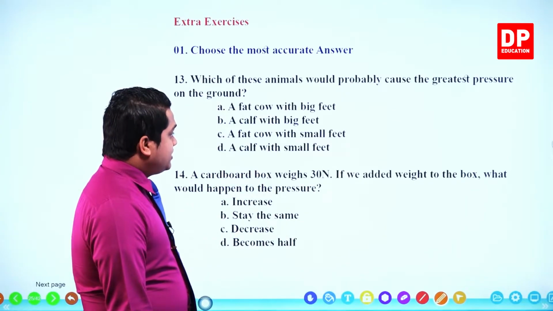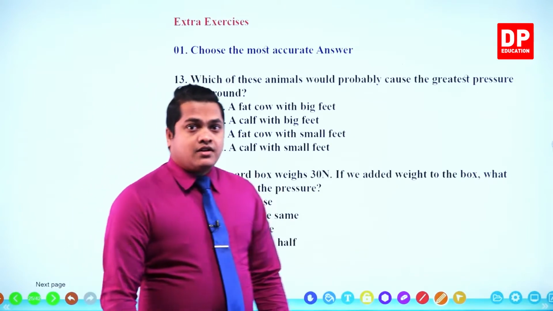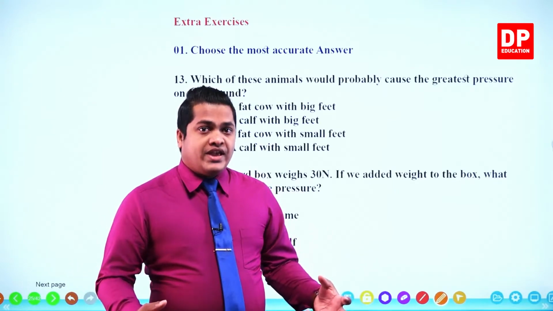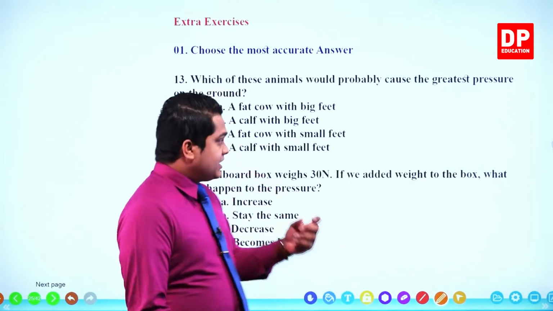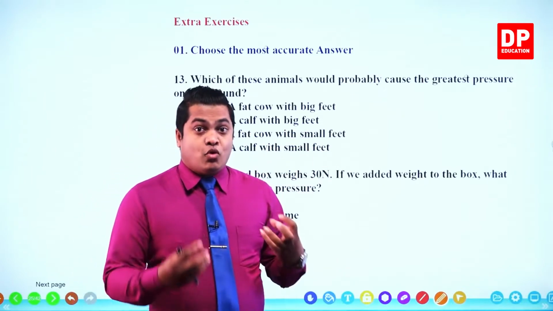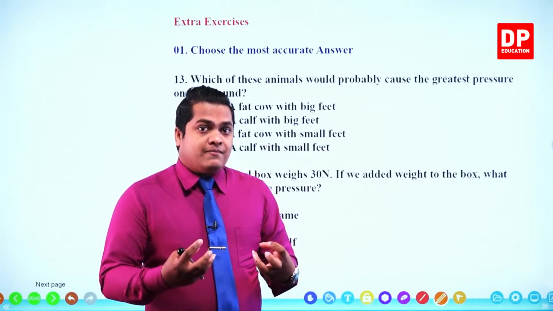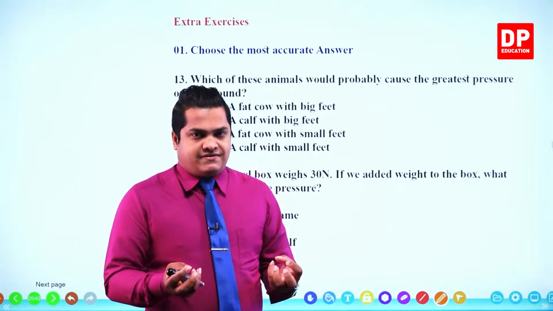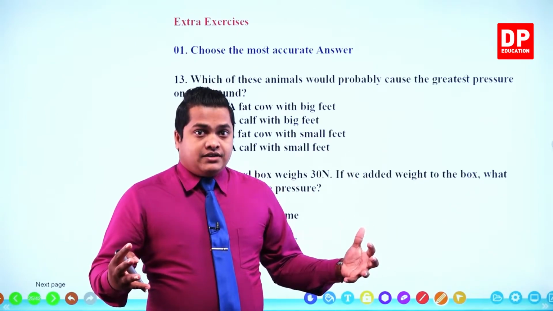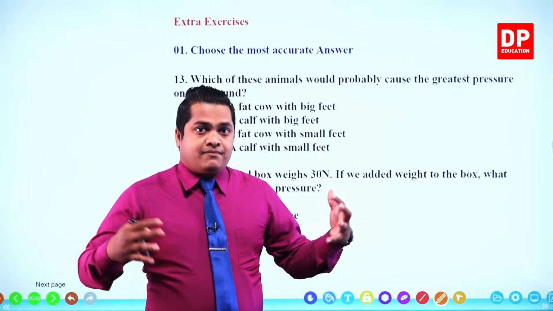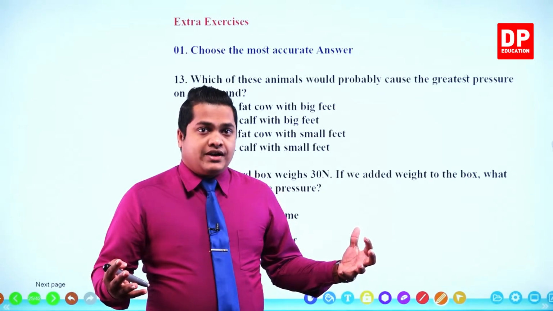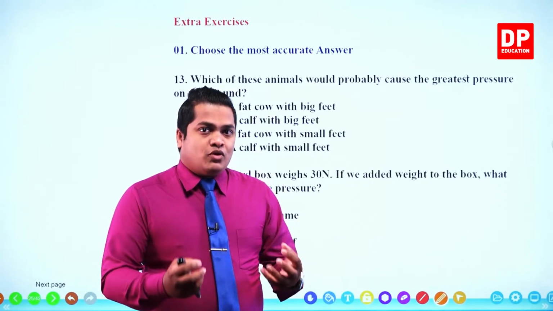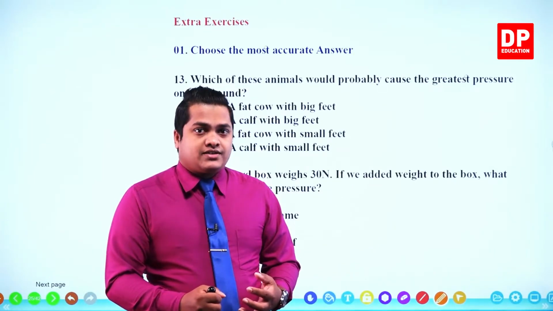Fat cow with small feet. Cow is fat, larger size, higher the weight. Smaller the feet, smaller the broadness of the feet, smaller the surface area. Fat means greater force due to greater weight. Smaller feet means smaller contact surface area.